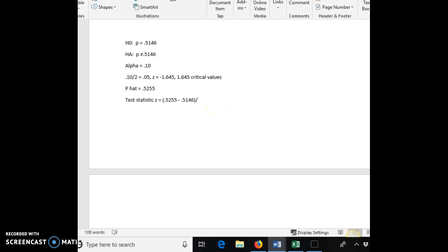And then we want to divide by the square root of 0.5146 times 1 minus 0.5146 divided by our sample size, which was 5,000.